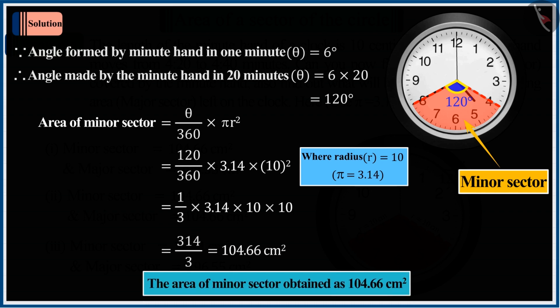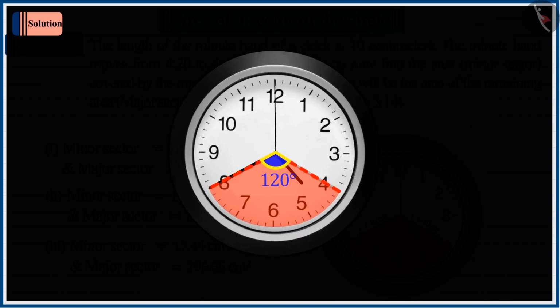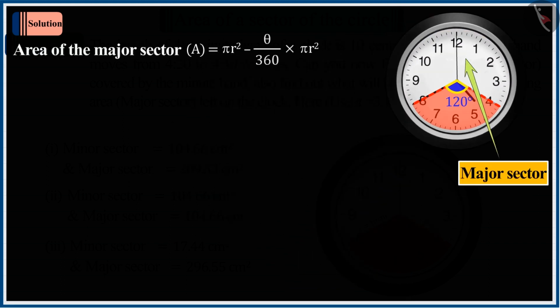the area of minor sector obtained as 104.66 square centimeter. We see that apart from minor sector, we have the area of major sector left. Let A be the area of the major sector, to determine the value of which, from the area of the whole circle, the area of minor sector is subtracted.